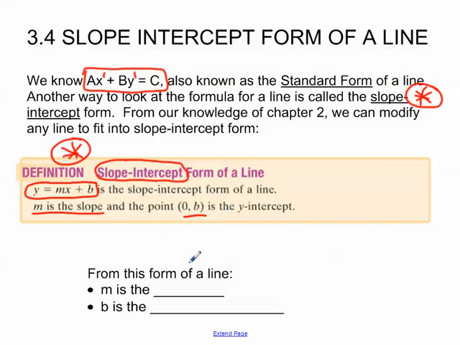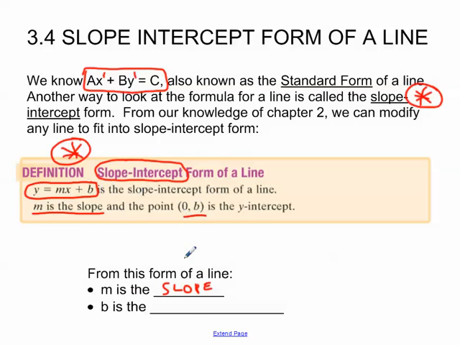So in general, from this form of a line, y equals mx plus b, when y is all by itself and there's a positive 1 in front of it, and everything else is on the right side, then the number that's in front of the x is the slope. Slope m is the slope, the number that's in front of the x term.